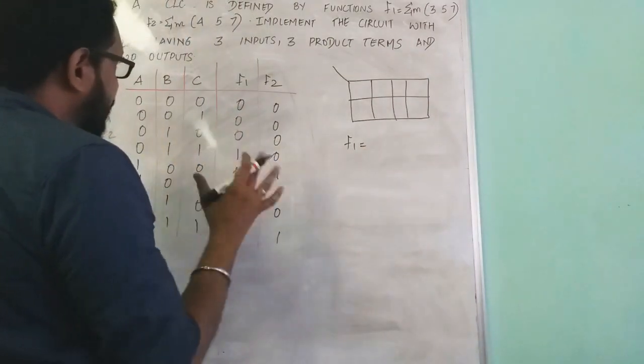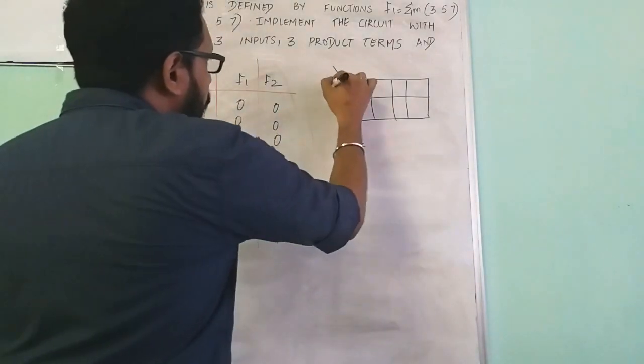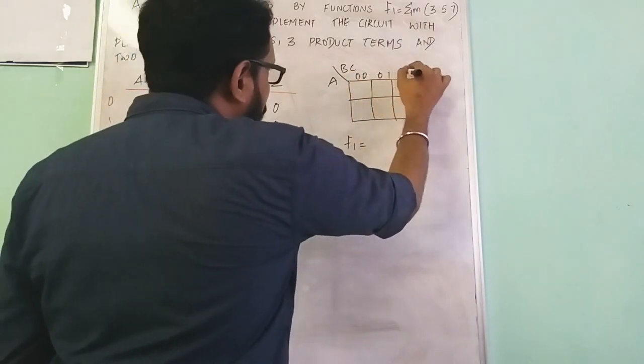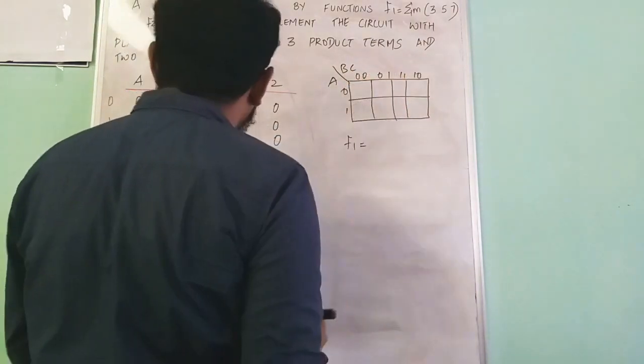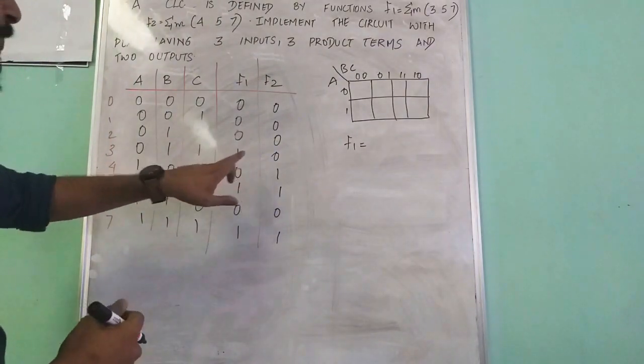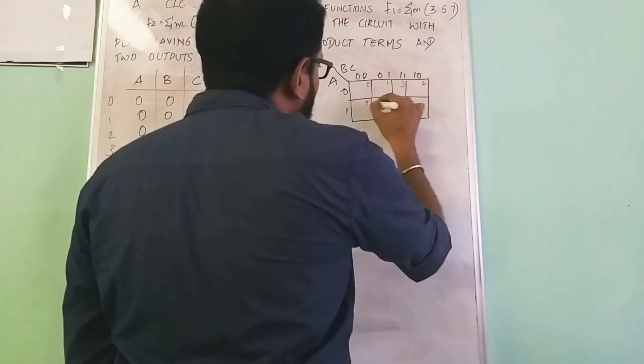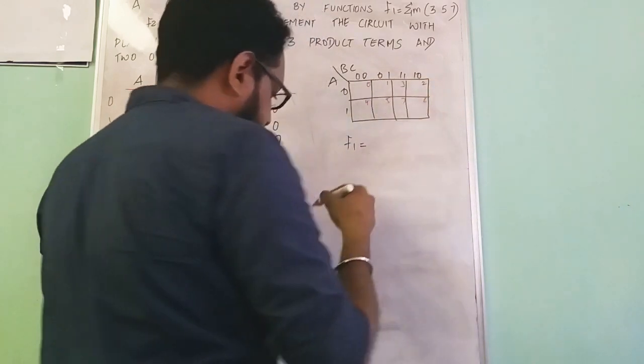Initially, we plot A here and we have BC here, that is 00, 01, 11, 10. I will give the minterm numbers as well: 0, 1, 2, 3, 4, 5, 6, 7.